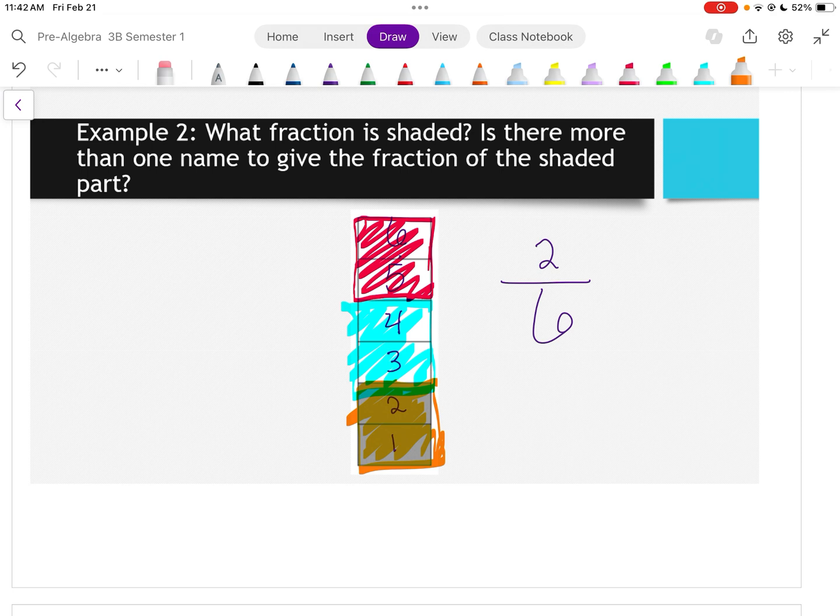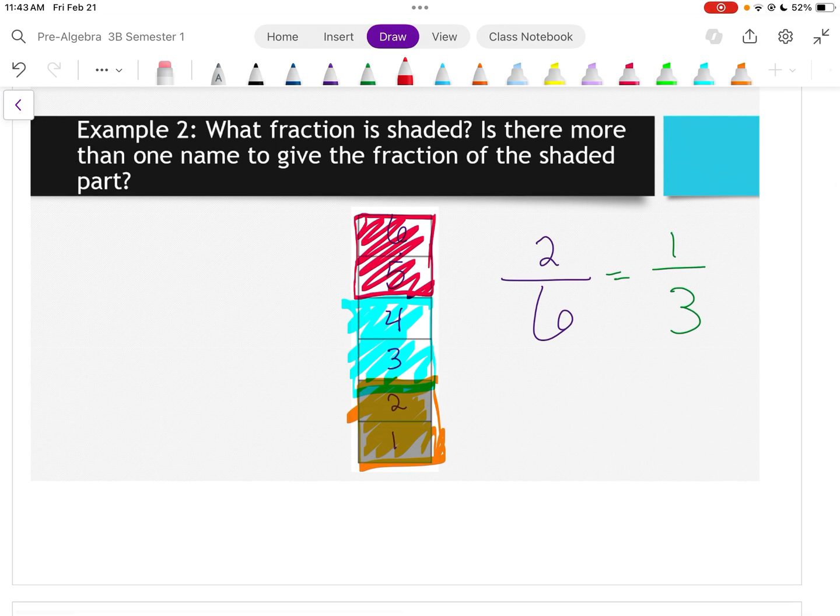So we could have split this into 3 instead of 6 pieces, and that would mean that we would have a shaded part of 1/3. And the way we could get that without the picture is by looking, 2 and 6 can both be divided by 2, and that gives us the fraction 1/3.